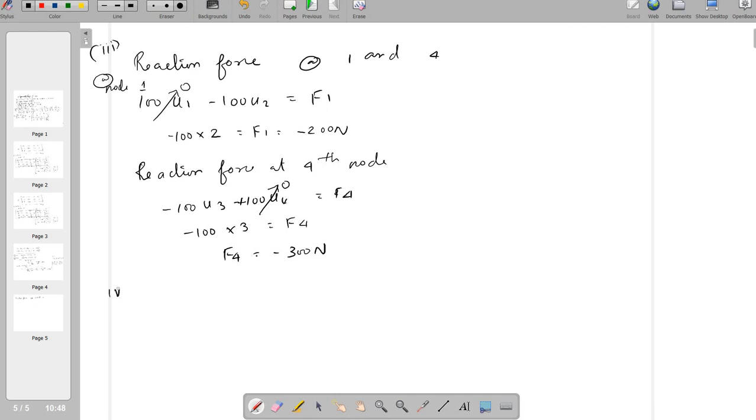The fourth subdivision, the spring force in element 2.